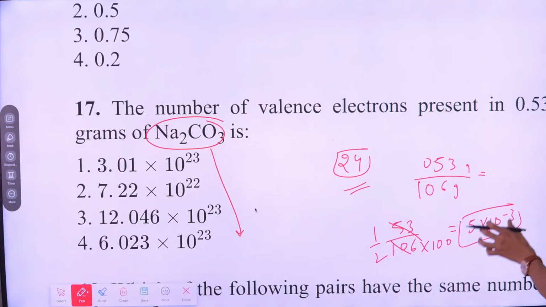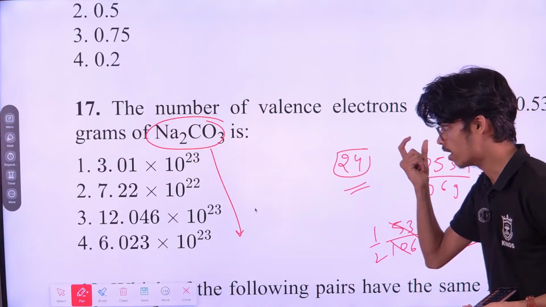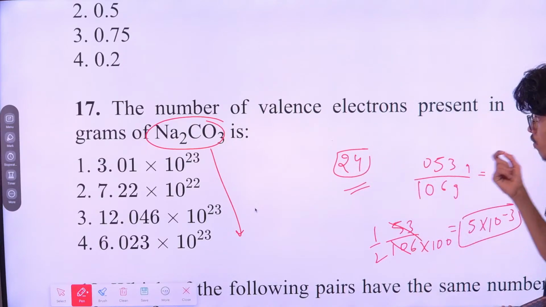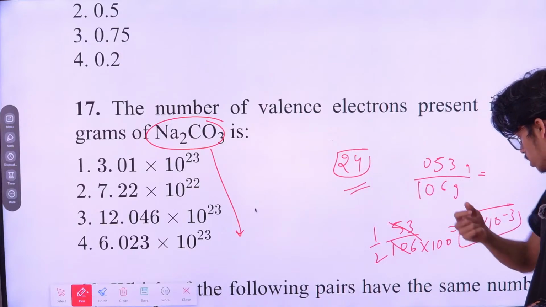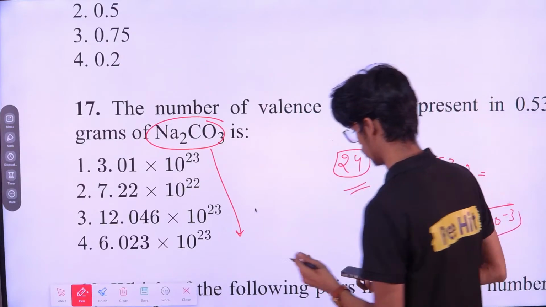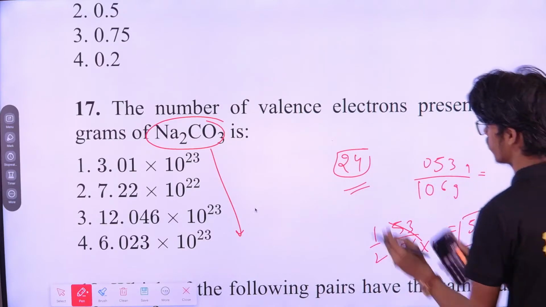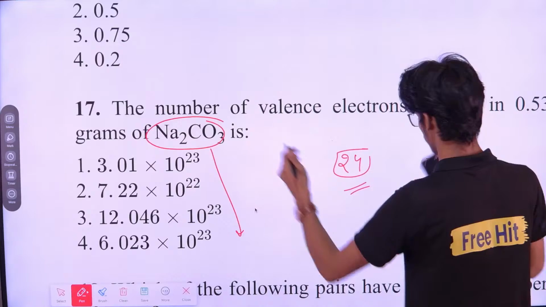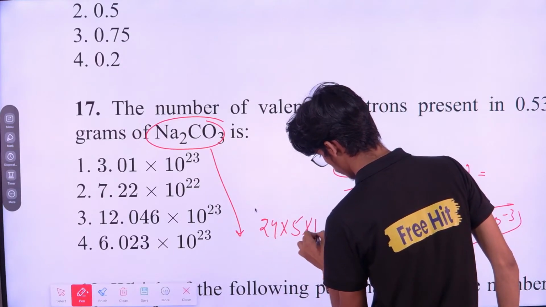This much number of moles are there, and in 1 mole there are 24 valence shell electrons. So 1 mole of Na2CO3 has 24 moles of valence electrons. We have to multiply it 24 times to get the number of valence electrons. So 24 into 5 into 10 to the power minus 3 moles.